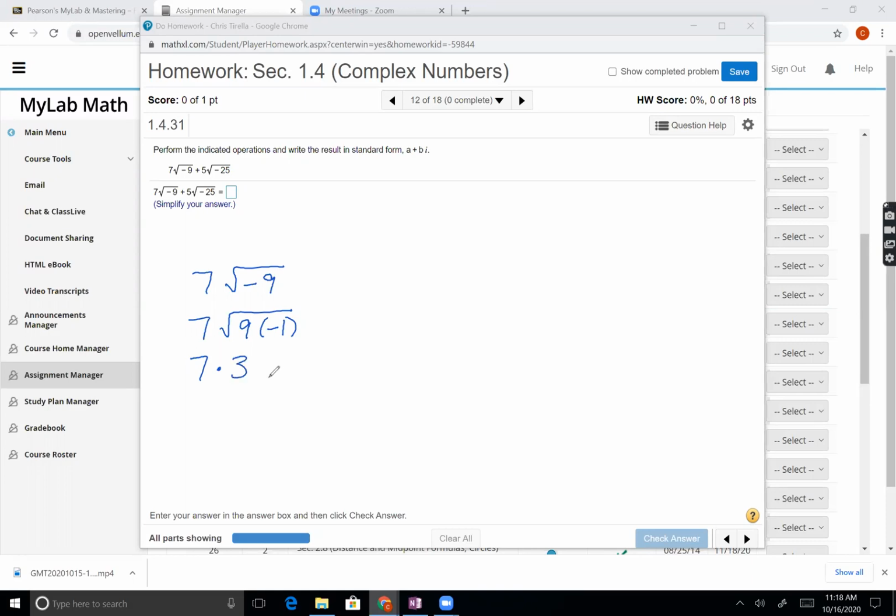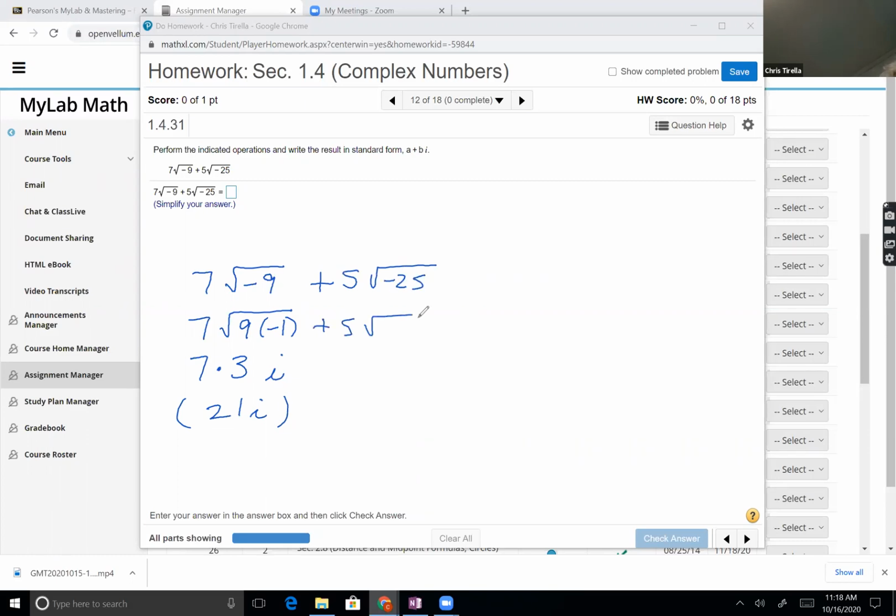And the square root of -1 is i, so that's 21i. Plus 5 times the square root of -25 would be 5 times the square root of 25 times -1, which would be 5 times 5 times i, or 25i.